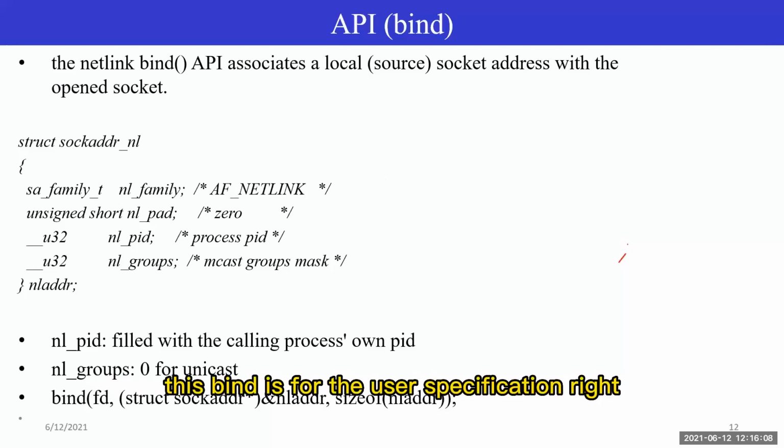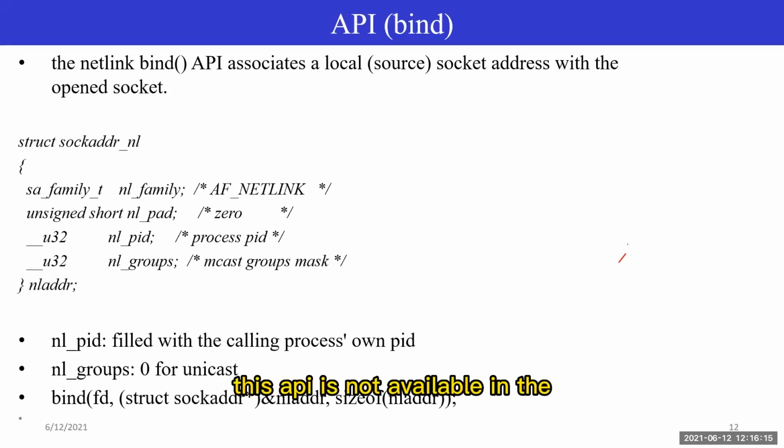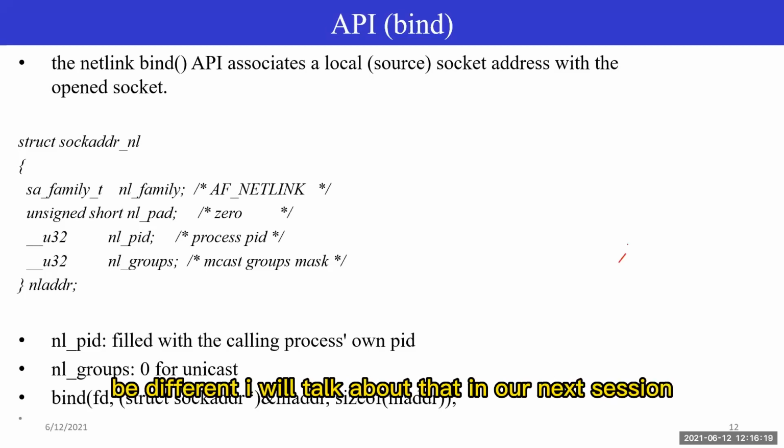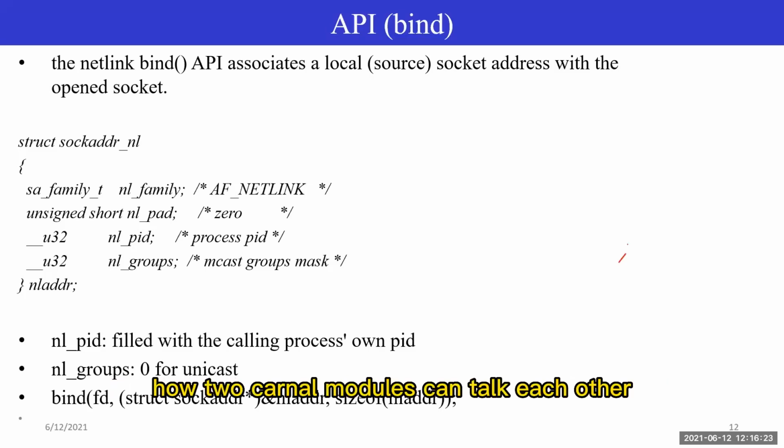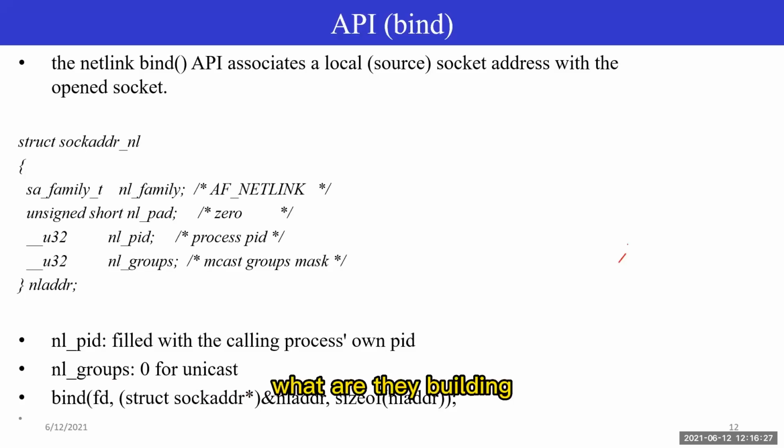This bind is for the user space application. This API is not available on the kernel side. So in the kernel, it will be different. I will talk about that in our next session: how two kernel modules can talk to each other, and what APIs you need to call. Okay, got it.